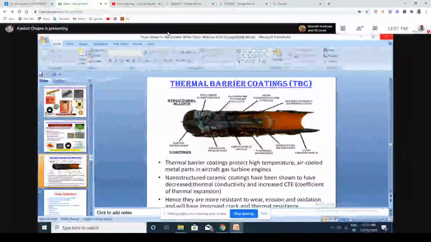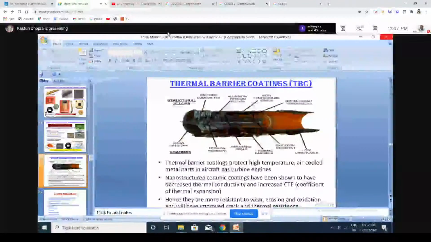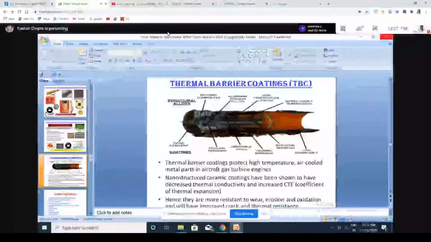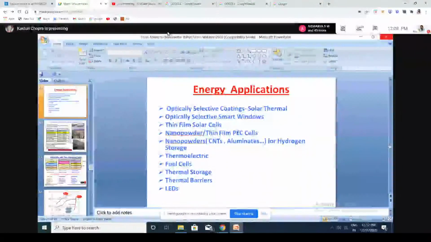So mechanical strength is important, thermal conductivity is important, erosion is important, oxidation is important. I think probably the maximum contribution of thin films is in the thermal barrier coating for aeroplanes, for example. Okay, so for energy, of course, you have optical selective coating, which absorbs radiation and becomes hot, but doesn't re-radiate.